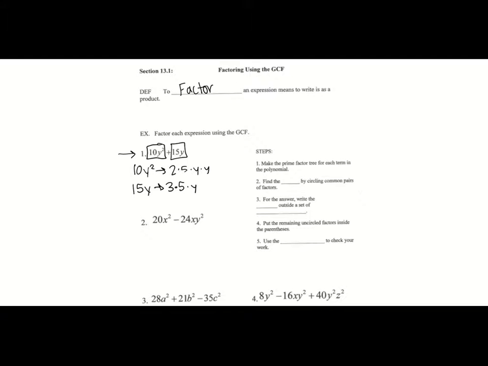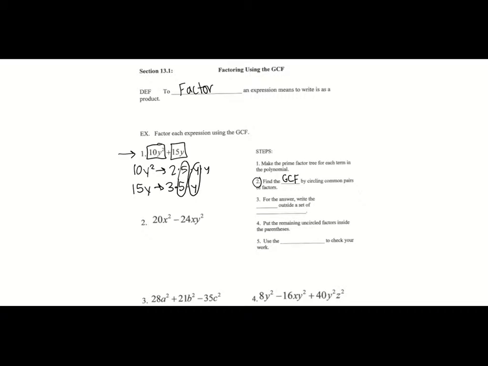Now our greatest common factor, our second piece here, find the GCF, greatest common factor, by circling common pairs of factors. So we see that we have a 5 in both of these trees and a y in both of these factor trees.